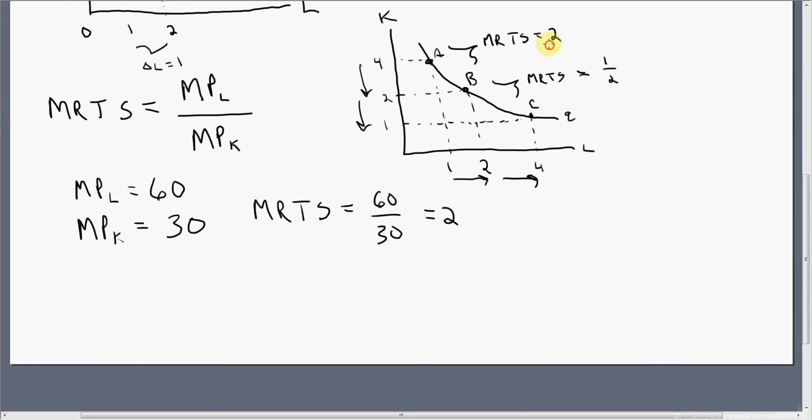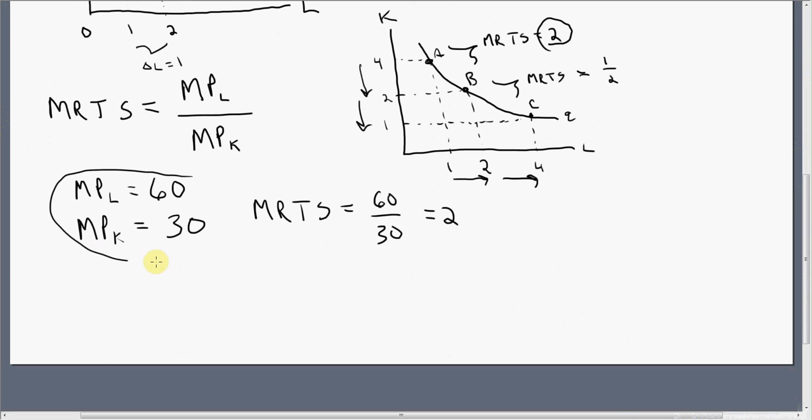We saw that in the prior example, and it simply meant that at this point on the isoquant, the firm can reduce capital by 2 units and add 1 unit of labor, and its output will remain constant. So 2 units of capital can be replaced by 1 unit of labor, holding output constant. Why does that make sense?